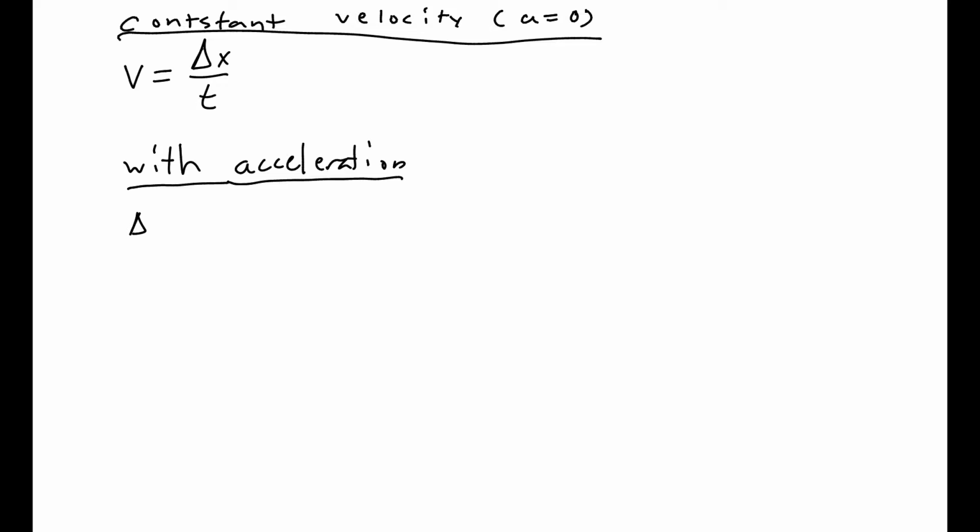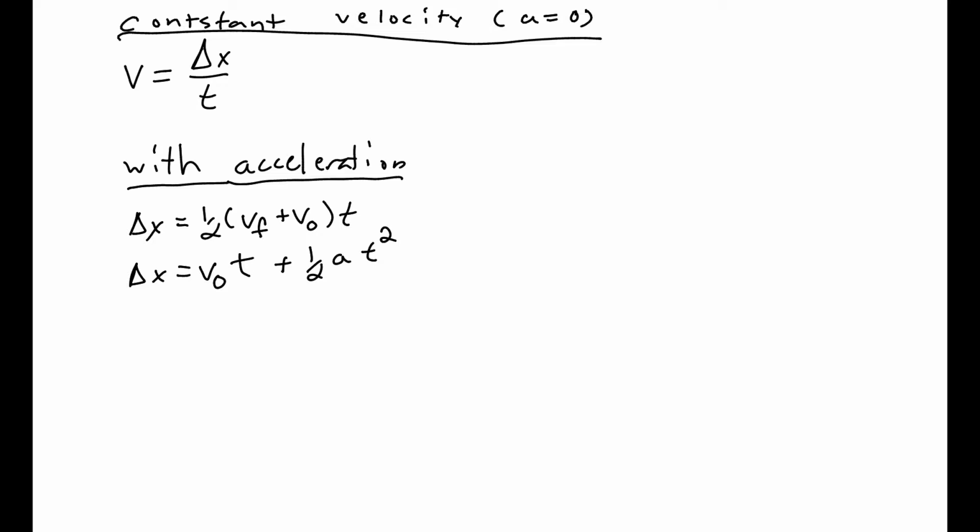First one is delta x equals 1/2 times final velocity, vf, plus initial velocity, vo, times t. Next one, delta x equals vo t plus 1/2 a t squared, so that's acceleration times time squared.